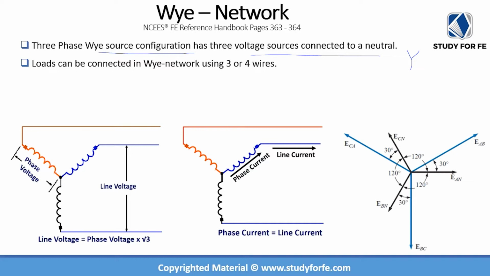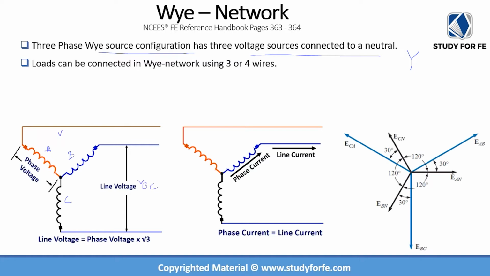So you have phases, if I can call them A, B, and C. Phases A, B, and C are arranged such that they share a common point, which is the neutral. And then between each phase, so between B and C, you have line voltage BC, VBC.